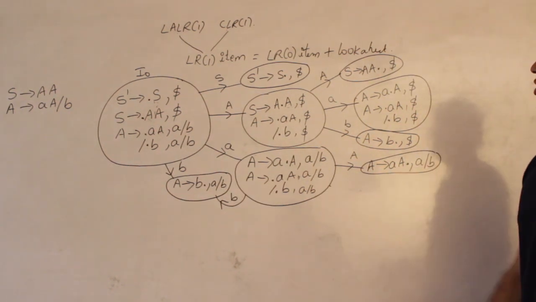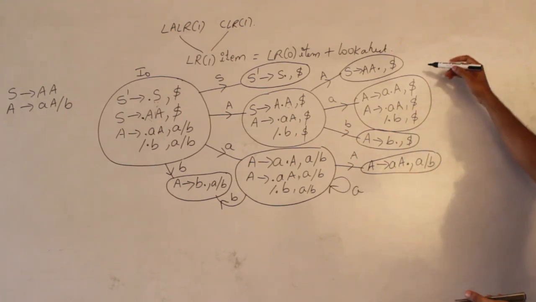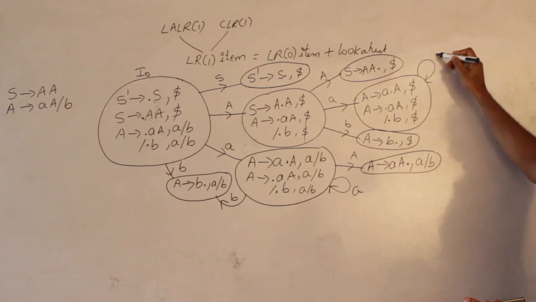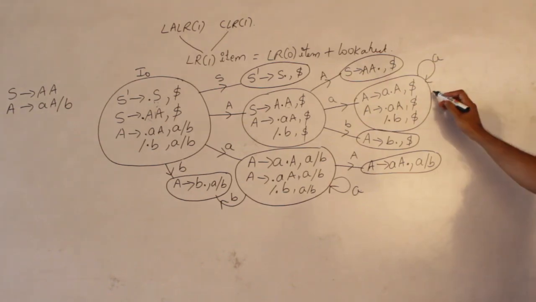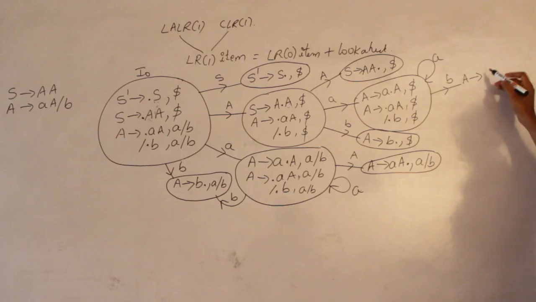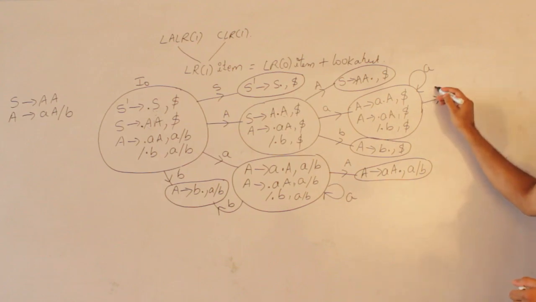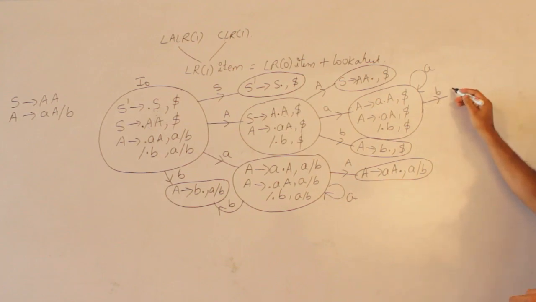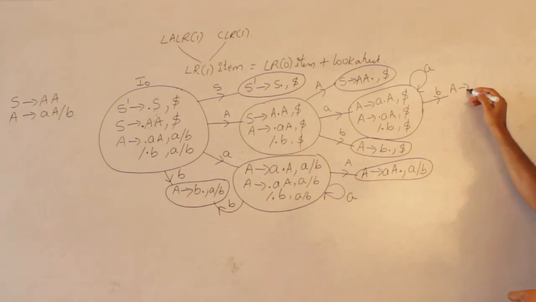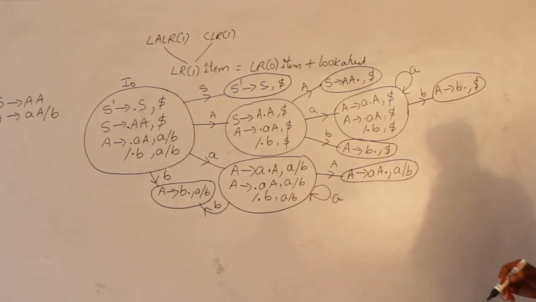So what about on small a? On small a we will loop to the same state, and this one also on small a we loop to the same state, and this one on small b is going to be A derives B dot, comma dollar, right?